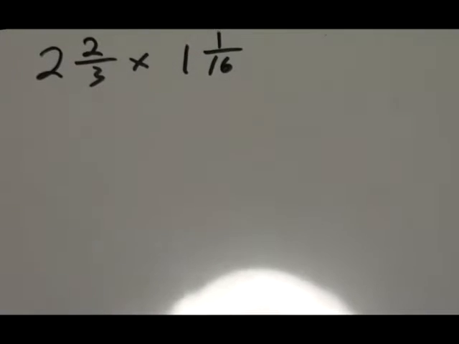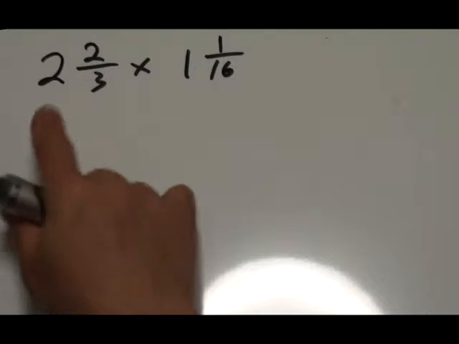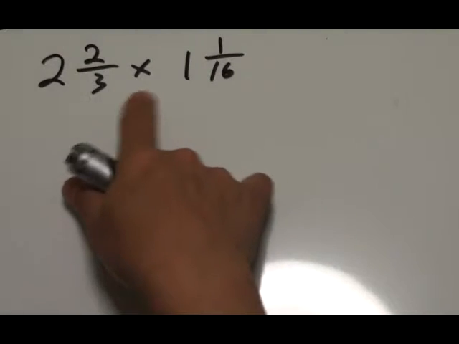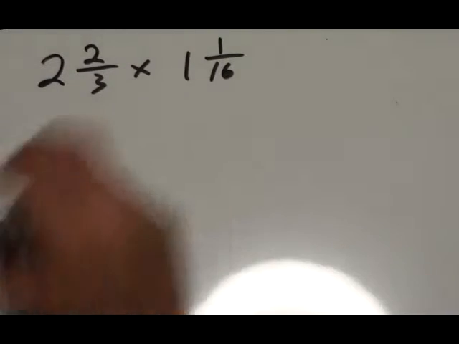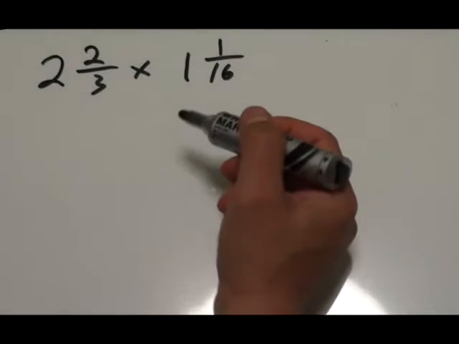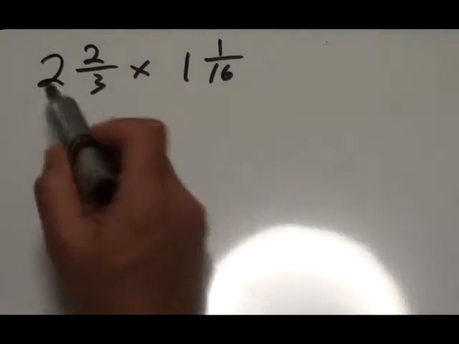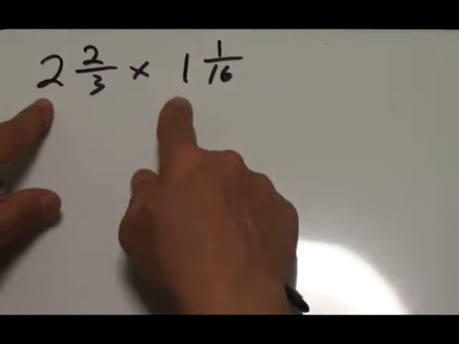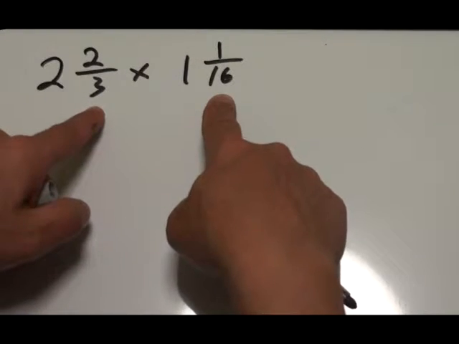So now let's say we've got this kind of problem to solve. 2 and 2/3 multiplied by 1 and 1/16. So we've got mixed numbers multiplied by mixed numbers. Now, when we did the addition and the subtraction, we were able to separate out the whole numbers and do them separately, and then do the same for the fractions.